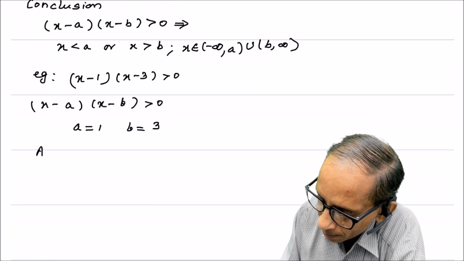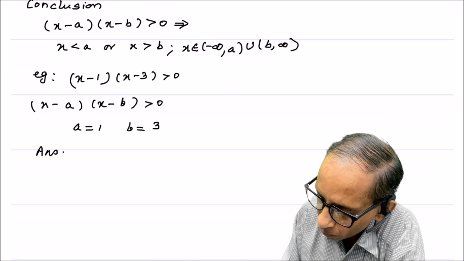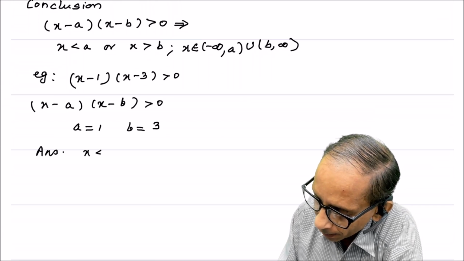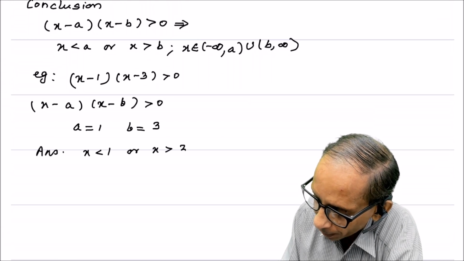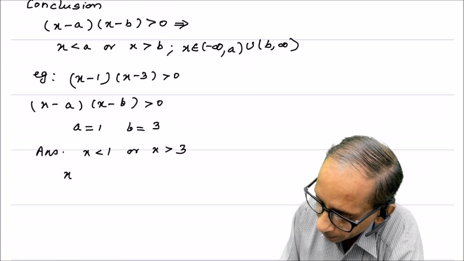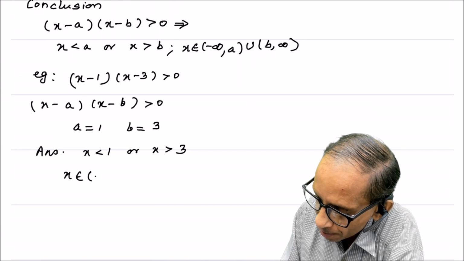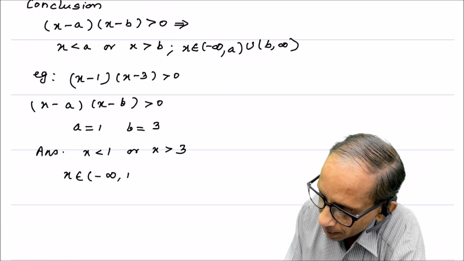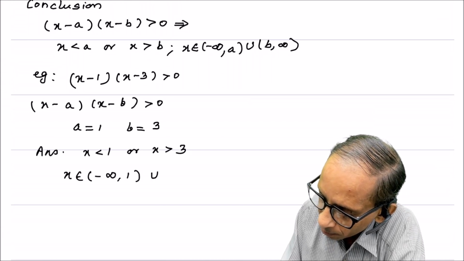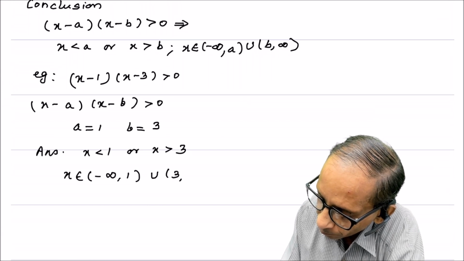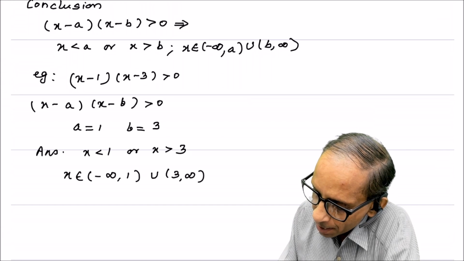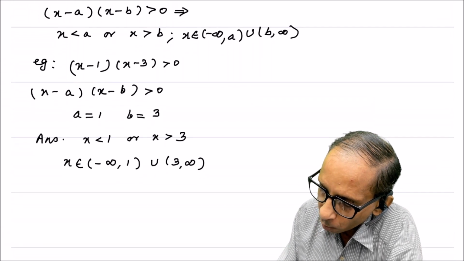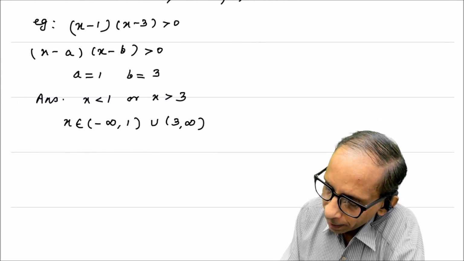So the answer that we can have for this particular example is x is less than 1 or x is greater than 3. Or to put it in the form of intervals, it is minus infinity to 1 union 3 to infinity.